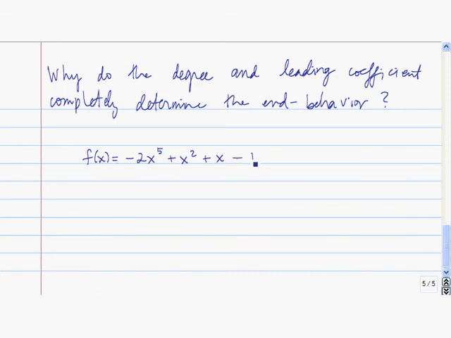So what I'm saying is that for very, very large values of x, these terms are very insignificant in comparison to this leading term here. Okay, so this leading term dominates over the entire polynomial for values of x that are large in magnitude. So the end behavior is completely determined by this, in which we have the degree of the polynomial and the leading coefficient of the polynomial.